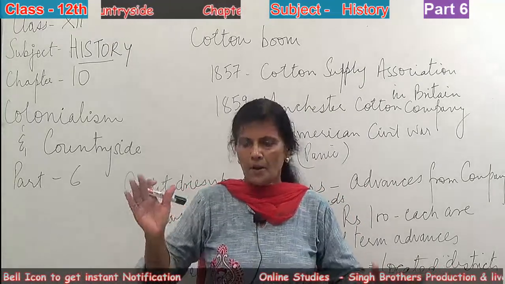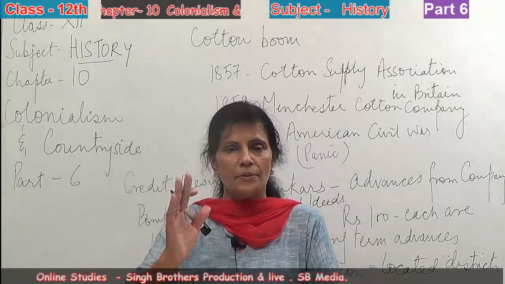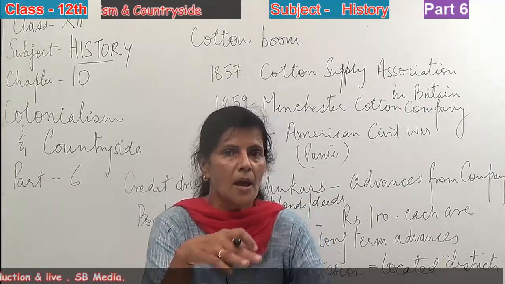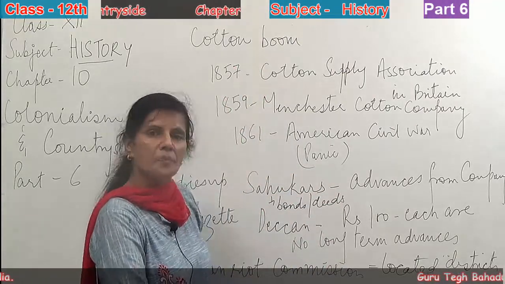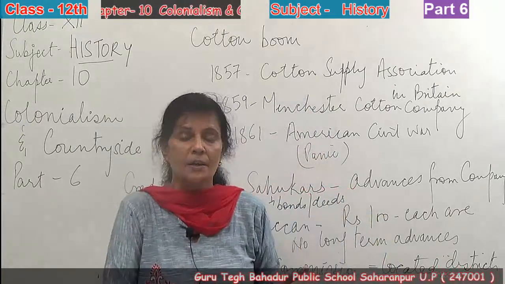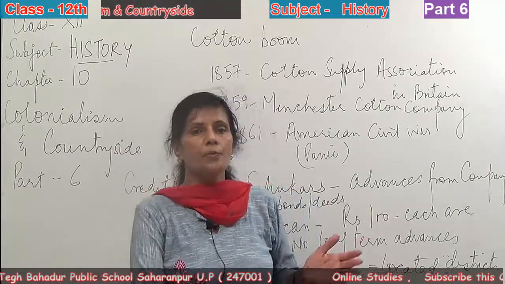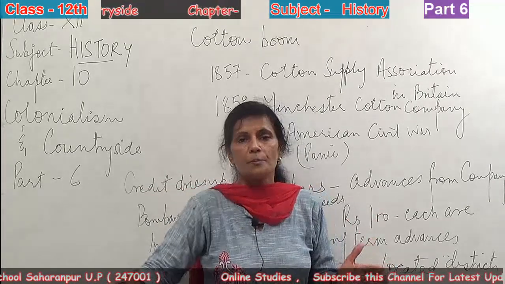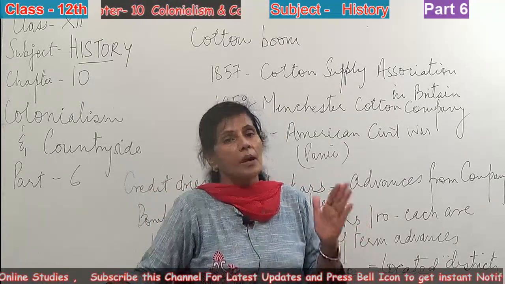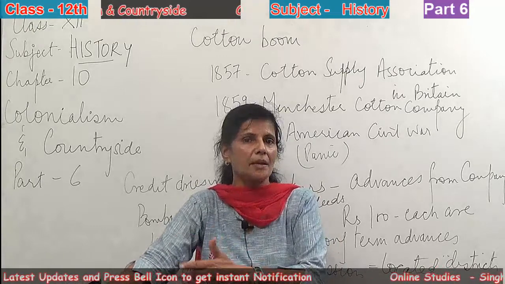The amount of cotton bales that they used to carry from America to the other countries and to their own country suffered a lot, and now they decided to switch over to India, because in 1857, about which we have a separate chapter, there was a mutiny, a revolt in India, and this revolt, although crushed, made the Britishers aware that Indians could be organized in future against their wrong policies, and this had to be checked at any cost.